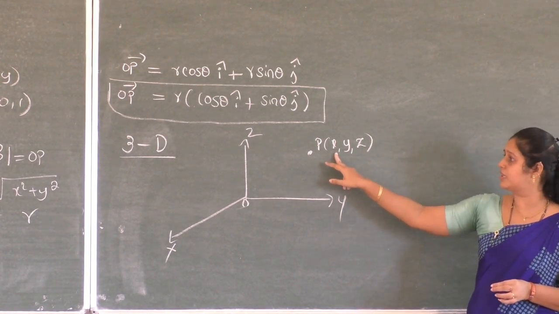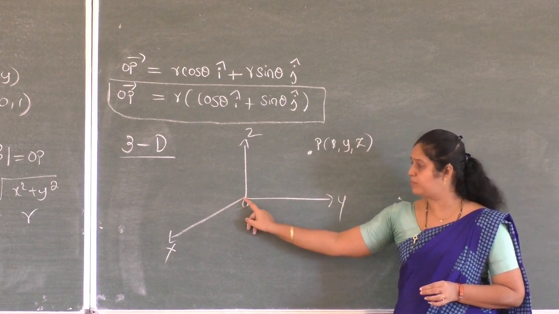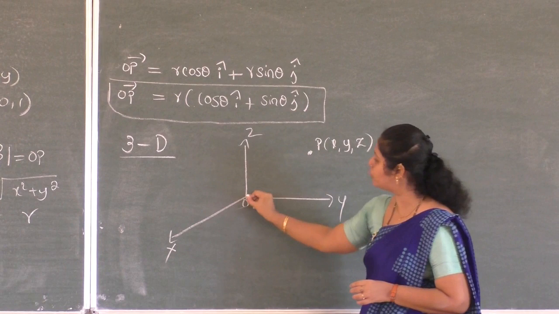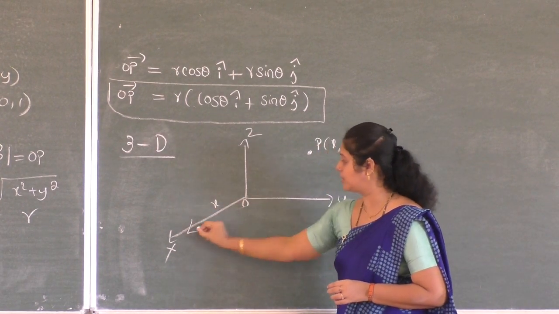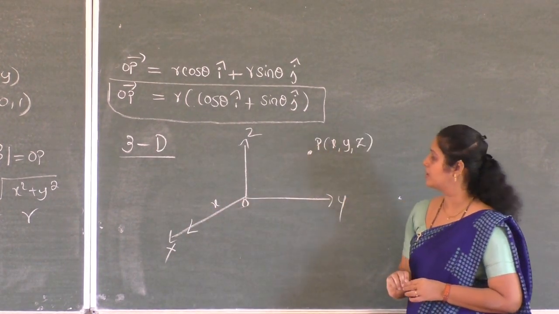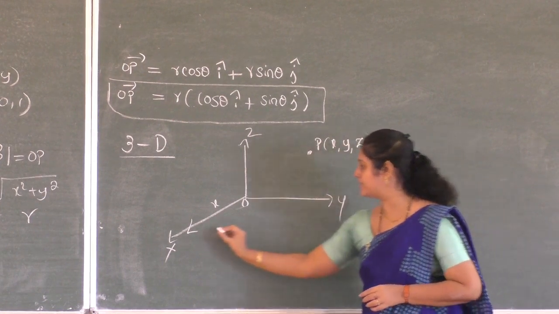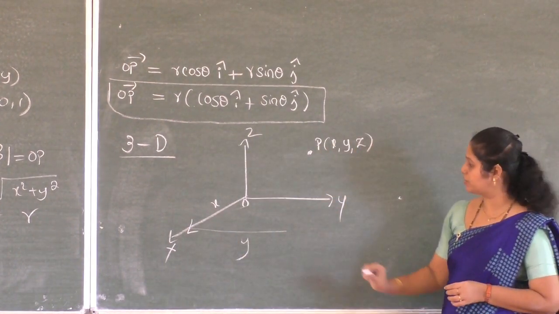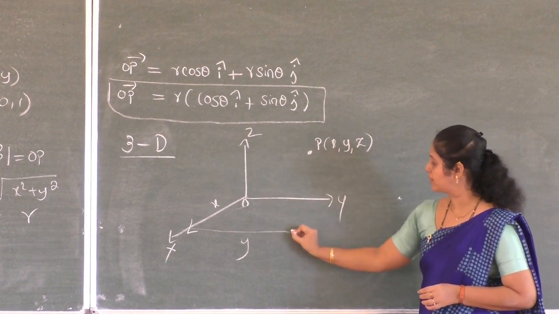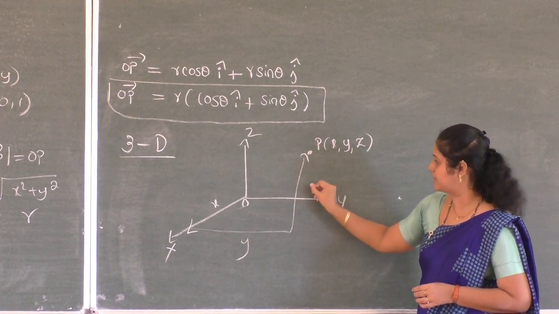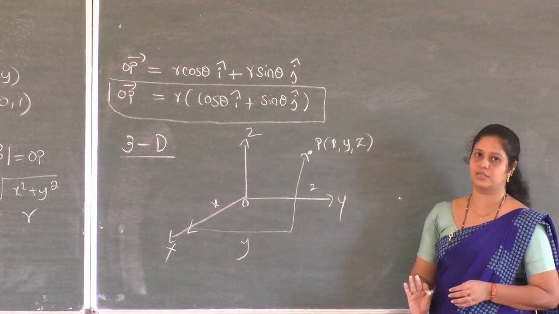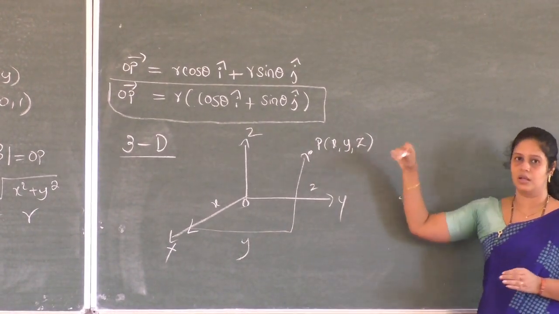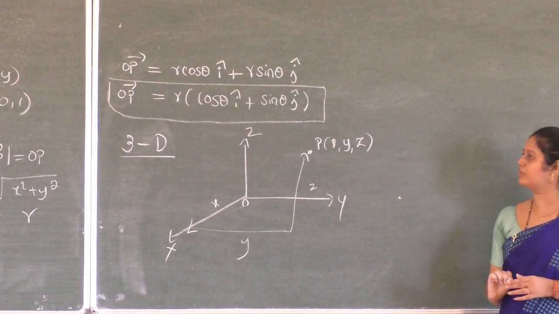Initially the position is at the origin, then it moves x distance along the x-axis, then y distance along the y-axis, then later it moves the height, or z distance, along the z-axis. So thus we get one point. So x, y, z gives the position of the point.